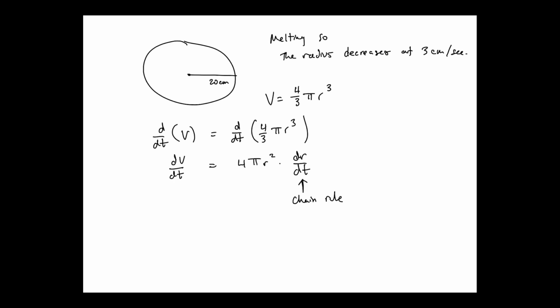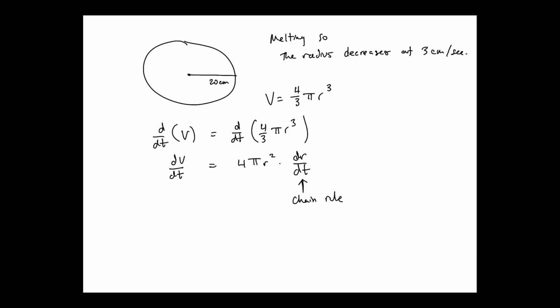So what did you guys think? Is the big snowball going to be losing volume faster, or the little snowball? This demonstrates why. Which one has a bigger value for pi r squared, the big snowball or the little one? The big one, right? So y'all were correct. The big snowball is losing volume faster than the little snowball.